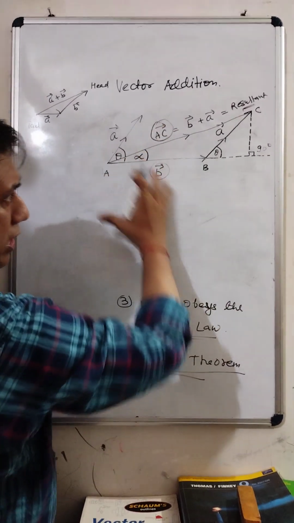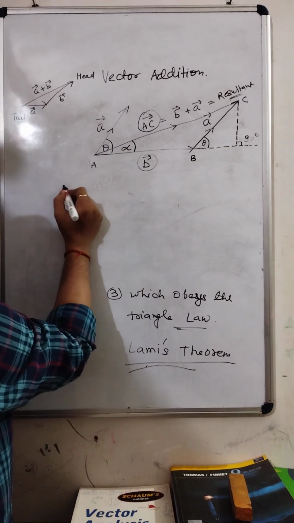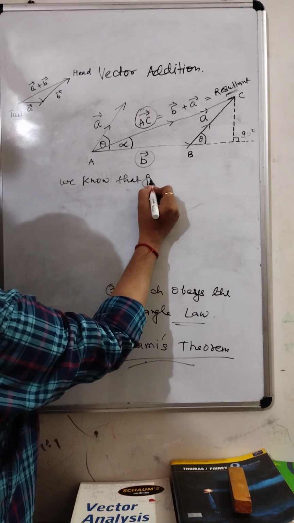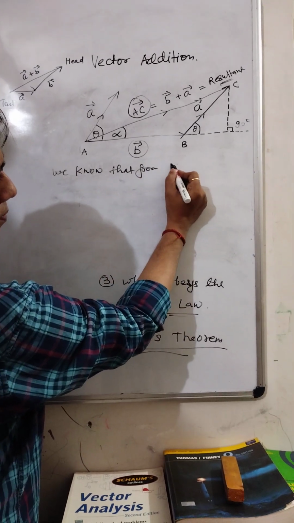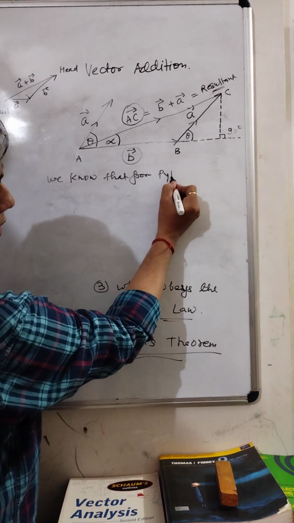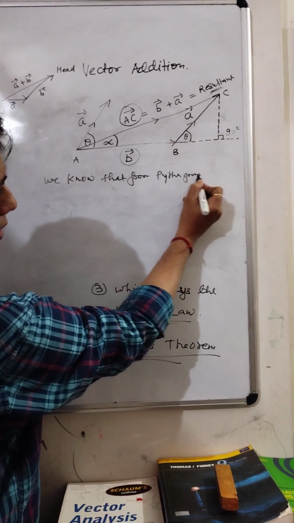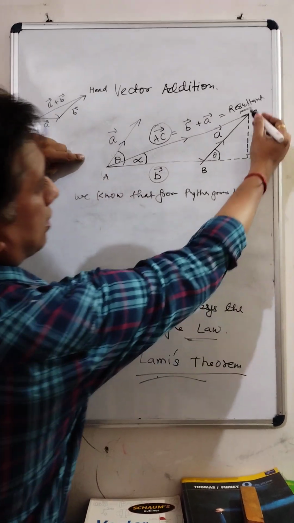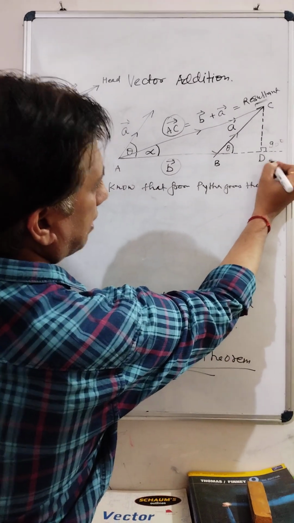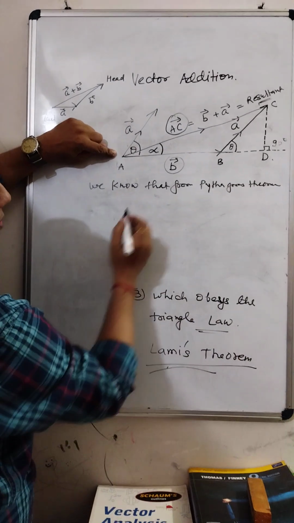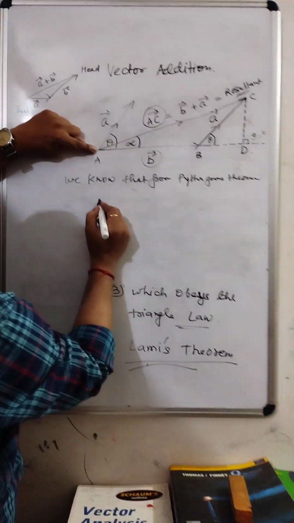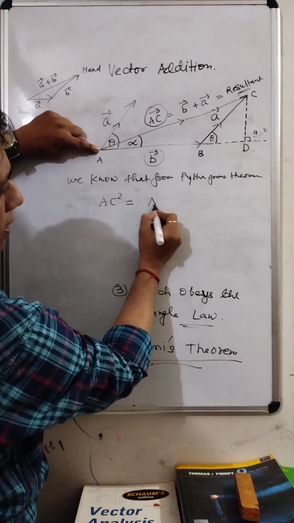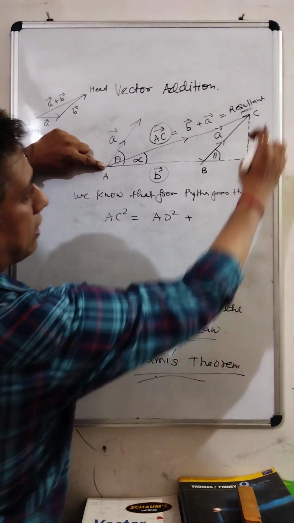Now we come to the basic principle of triangles, that is, the geometry of the figure. We know from Pythagoras theorem, AC square is equal to AD square plus CD square.